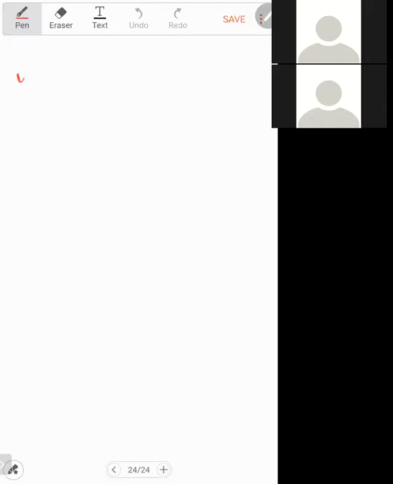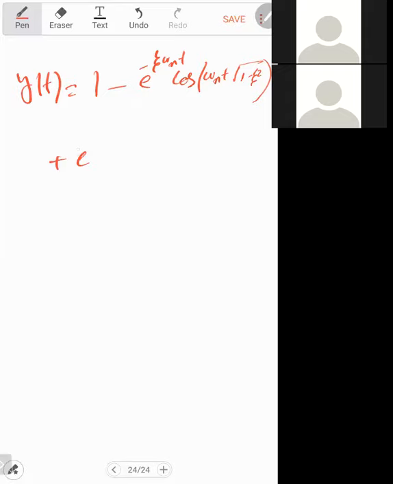You will get y of t equal to 1 minus the cos function with the exponential e raised to power minus zeta omega n t, and then cos omega n t multiplied by 1 minus zeta square, and then we have the delay function. Sorry, this is minus zeta omega n t.